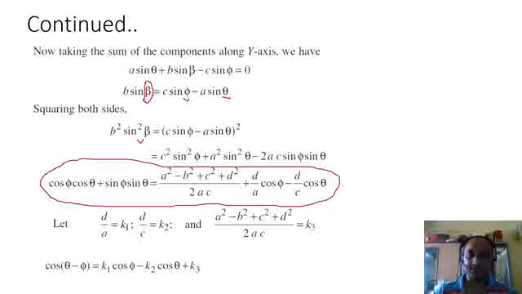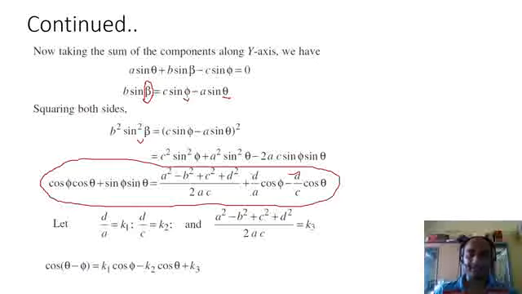So once you get this equation, let us consider some parts, because some constants are there. Let us consider d by a as k1, because d and a are link lengths, so d by a is a constant. d by c is k2, and the remaining part, a square minus b square plus c square plus d square upon 2ac, as k3.